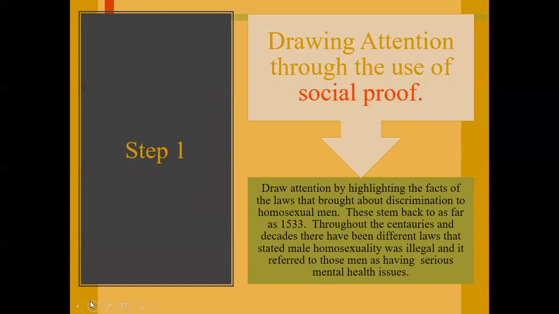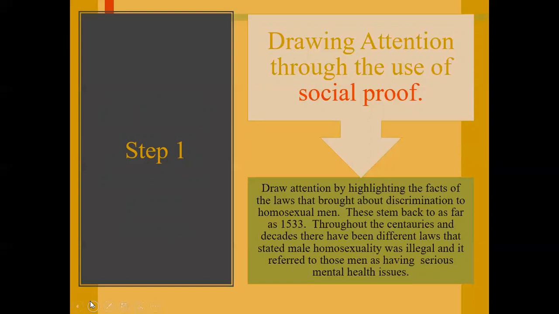And actually, I was doing some research to see how far back I could find some form of proof. And I found there was actually a law in 1533 that discriminated against male sexual orientation. So really, we've got a hang of a lot of social proof throughout the centuries and the most recent decades.